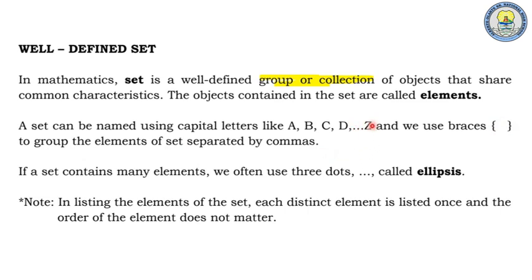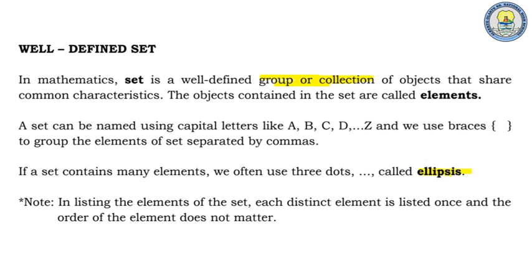What do you call this one? Triple dots. If a set contains many elements, we often use 3 dots. This is what we call an ellipsis. Yung tawag diyan sa tatlong dot, that is what we call ellipsis.